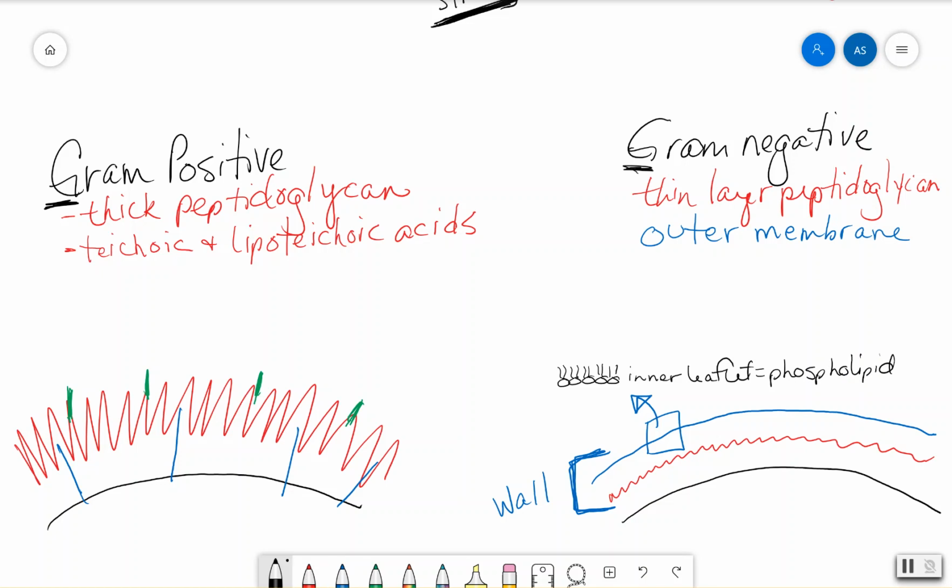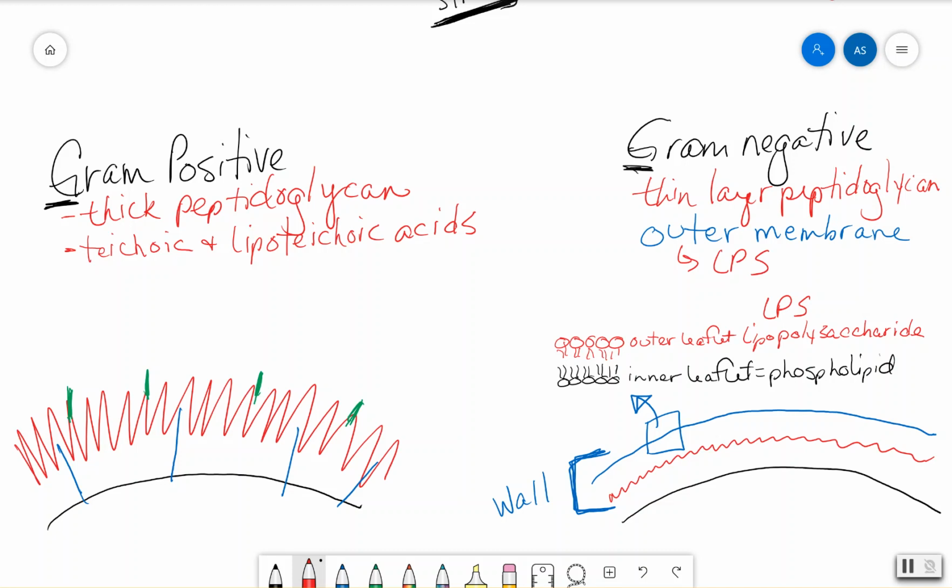But the outer leaflet, the part that's exposed to the exterior environment, is made of something called lipopolysaccharide, or LPS. And so this outer membrane contains LPS.